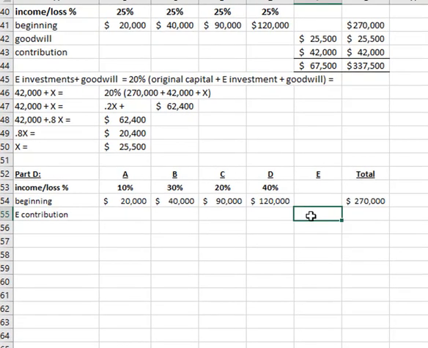So here, E is going to be credited with 20% of the partnership interest, which is going to be 20% of the 270 plus the 55,000 it contributes. So it's going to be the 270 plus the 55.